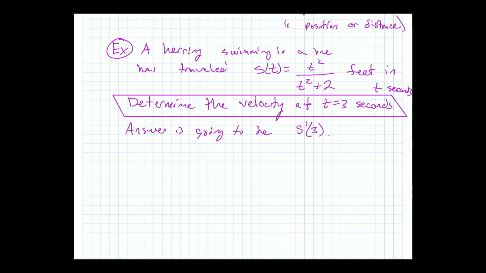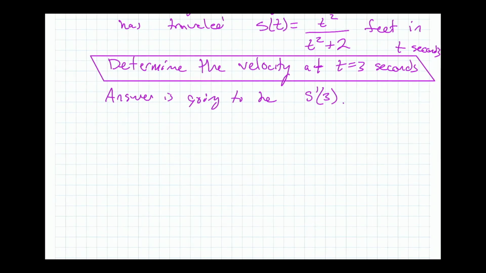So if they ask for velocity, they mean take the derivative and plug in 3. That's all. So there's nothing theoretically difficult about this. It's just having to take the derivative. So you're just going to start with s of t equals t squared over t squared plus 2.